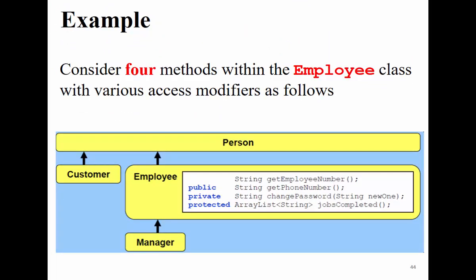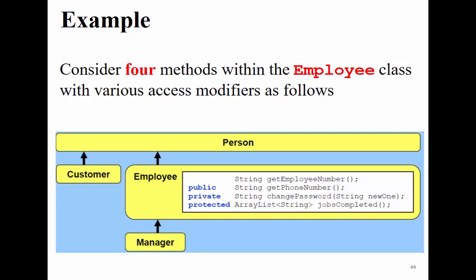Now, this is a very important example. Okay? To measure if we understand the access modifiers and their relation with inheritance. As you can see, the hierarchy is the person as a superclass for the employee, and also the person is a superclass for the customers, but managers actually extend the employee.